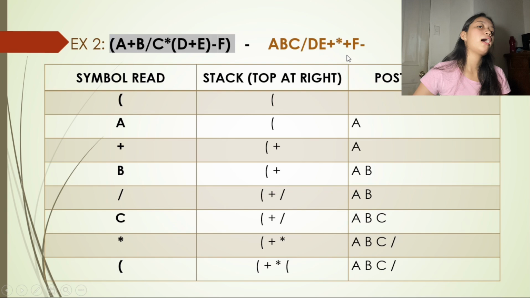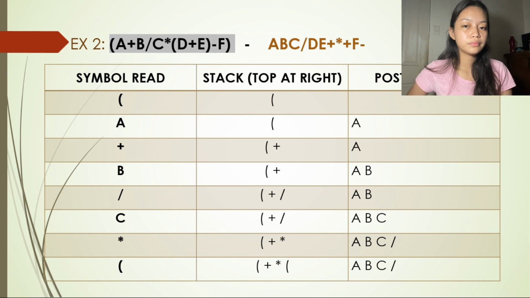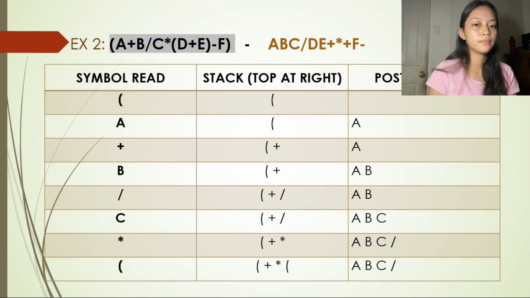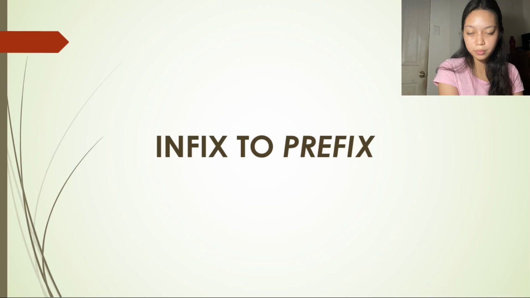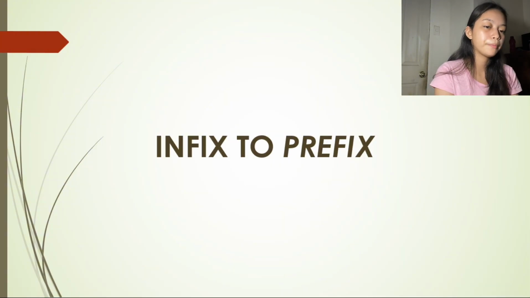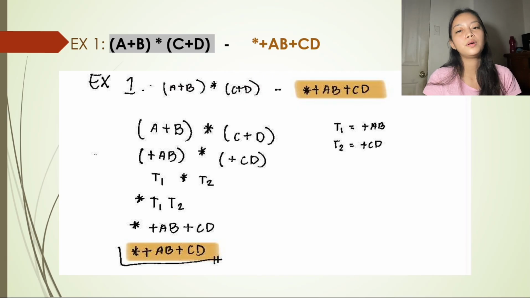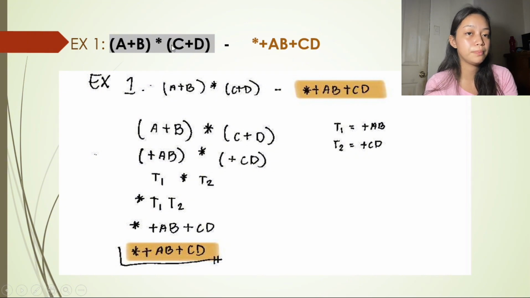So that's how we convert ang infix to postfix. So next is the conversion between the infix to prefix. So ang prefix, ang operator gauna sa operand. So example 1. So natin given diri open parenthesis a plus b nya close parenthesis times open parenthesis c plus d close parenthesis.